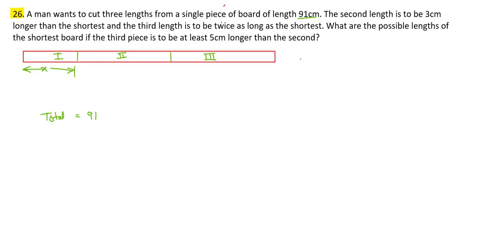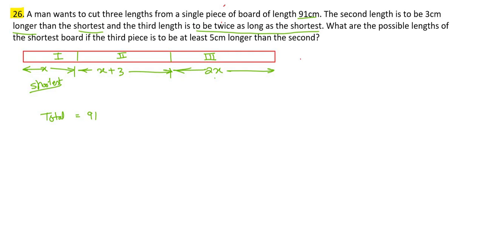The second one, they are saying, is 3 centimeters longer than the shortest one. So it will be x plus 3. This is my second piece. And the third piece, they are saying, is twice as long as the shortest. So it is 2x. Correct? So the first one is my shortest side, the second is x plus 3 and the third is 2x.